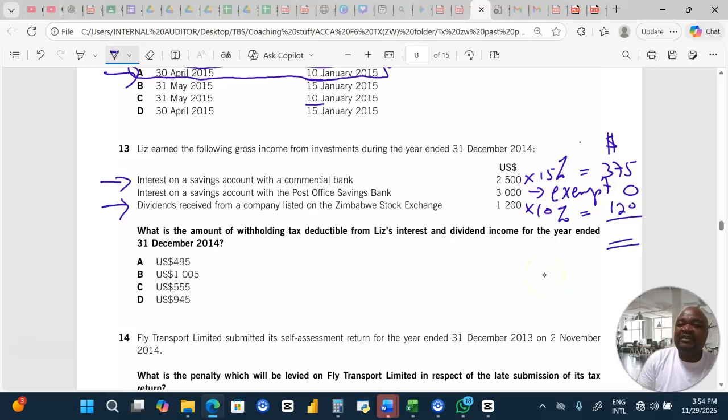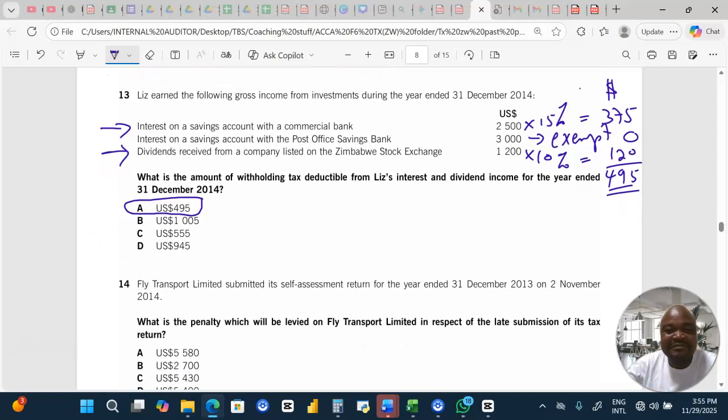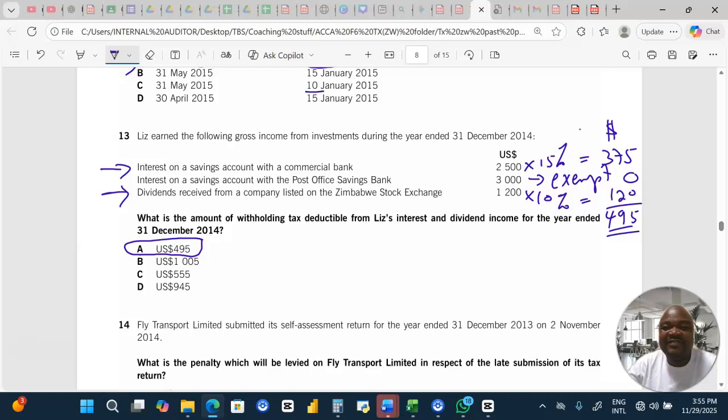So if we add our figures, that's 5, that's 9, that's 4. So our answer should be 495. No need to guess, guys. This is a simple exercise. Very simple, isn't it? Good.